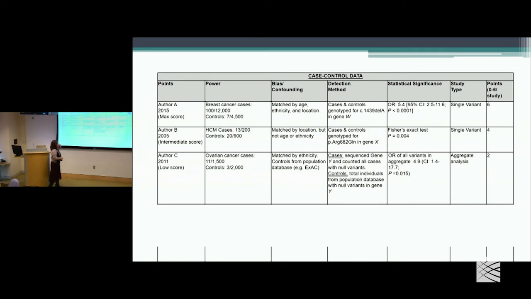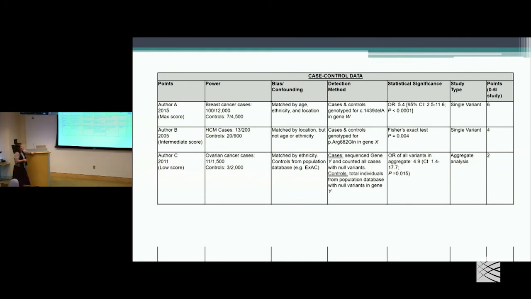But here are some examples of case control studies. They're in our SOP, so they're genericized in this case. Breast cancer: a variant found in 100 cases out of 12,000, but also observed in 7 out of 4,500. In this case, they were matched by age, ethnicity, and geographical location. The specific variant being looked at was a frameshift variant.